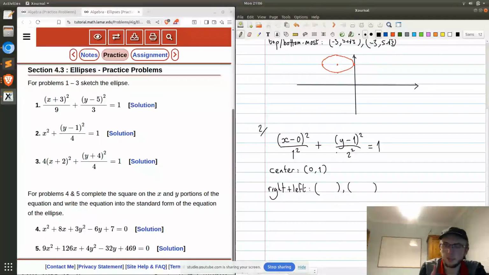Now think. The right and leftmost points must have the same y coordinate as the center, mustn't they? But varying x coordinates. So there.